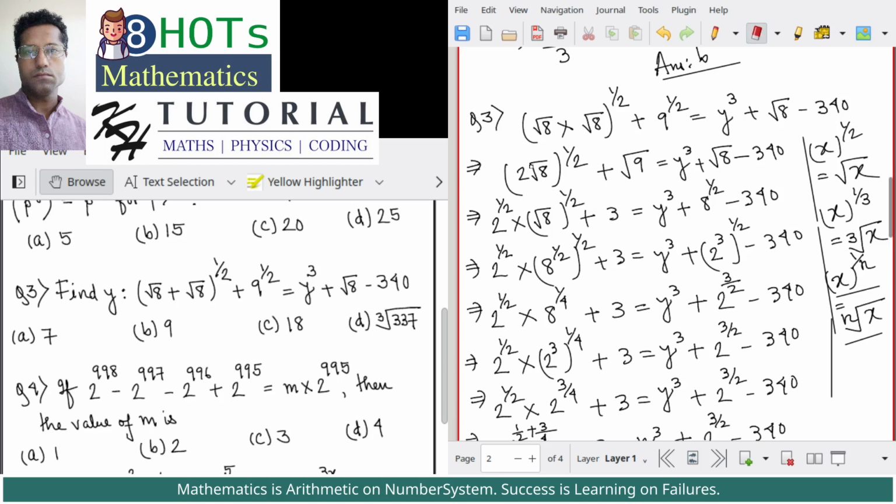Okay, so this is root 8 multiplied by root 8, root 8 square of root 8, and we have again raised to the power half.